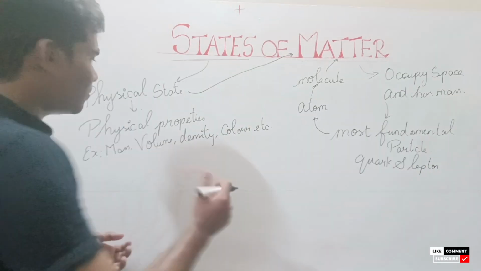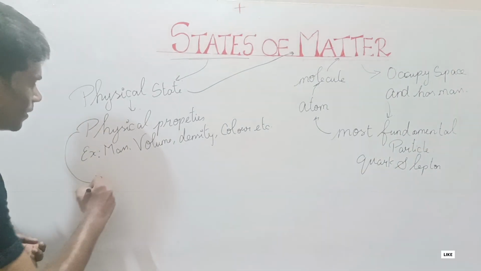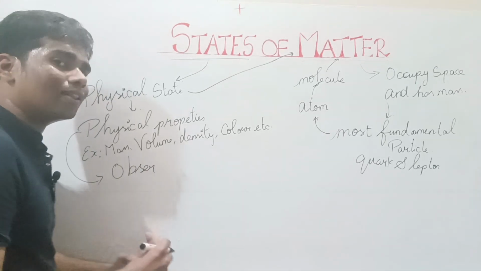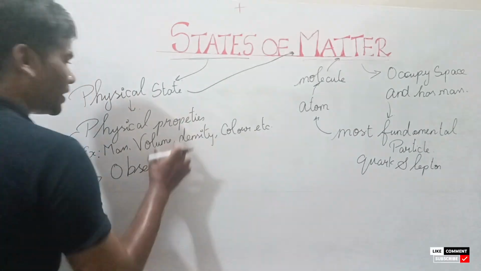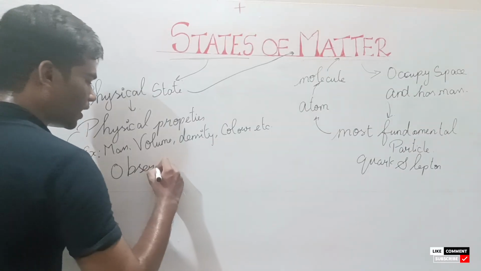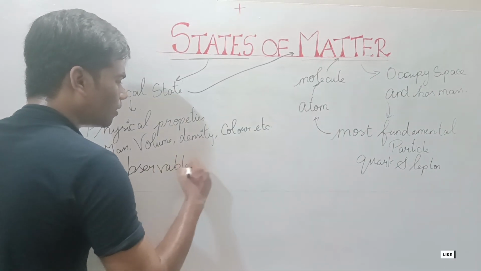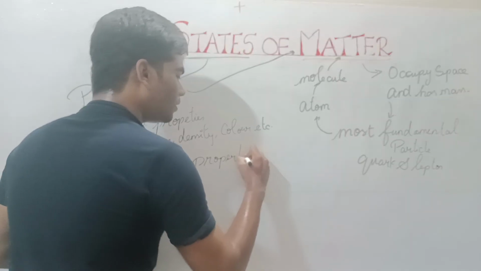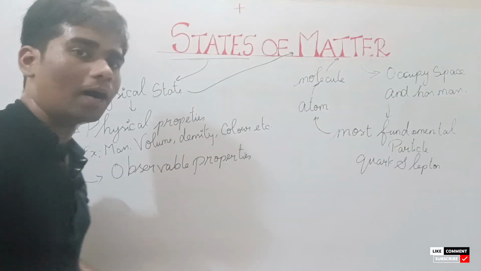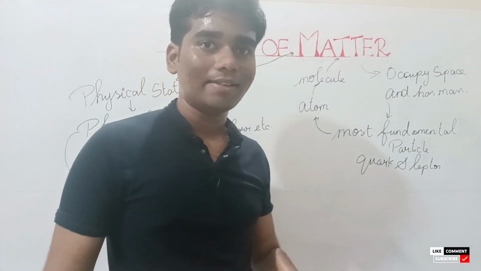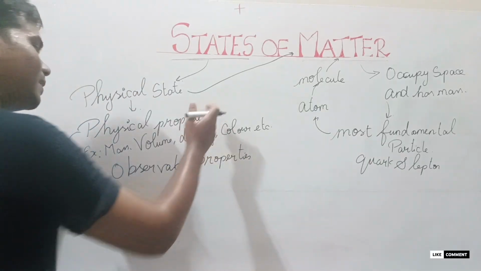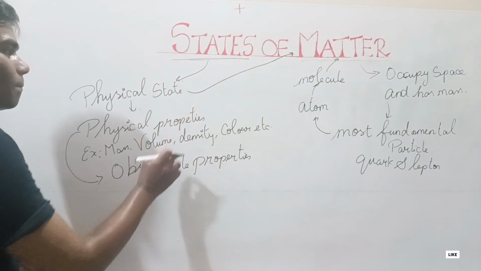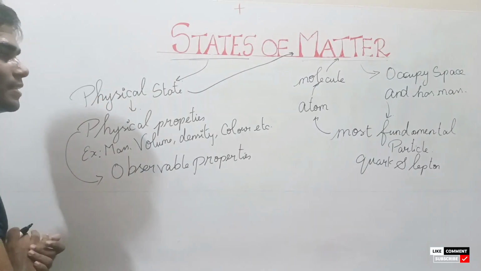So can I write these physical properties as observable properties? Yes, that's absolutely correct. I can write physical properties as observable properties. So whatever properties you observe through your eyes are called physical properties, and the state which is defined by those properties is called the physical state.